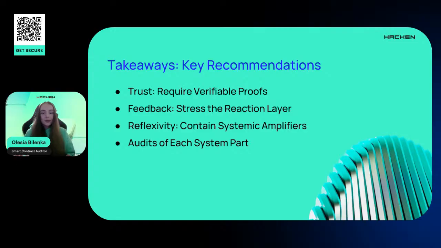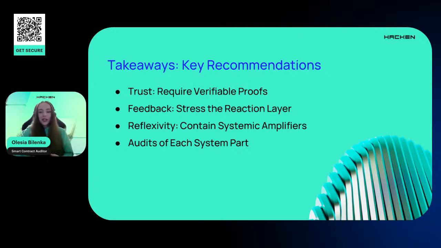Because we need to ensure that none of those patterns can break our stablecoin. We need to ensure trust. We need to verify the proofs. We need to do audits and proof of reserves. For the feedback failure, we need to ensure that the reaction layer is stress tested enough, and we need to find and implement system amplifiers.